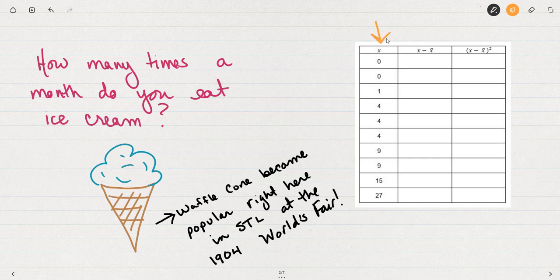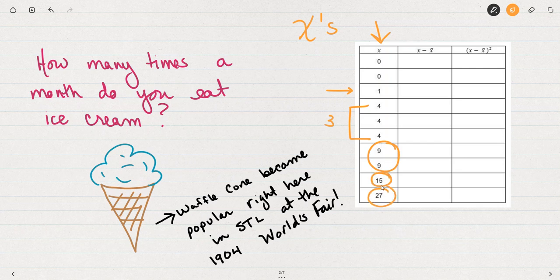I've started by listing all of the numbers. That's this first column, and I'm calling those numbers X's. As I got results back from my survey and looked at the first 10 surveys, for the question, how many times a month do you eat ice cream, I had responses where 2 people said they had no ice cream in a month. 1 person said about once a month. 3 people responded about 4 times a month. 2 people said 9. 1 person said 15.